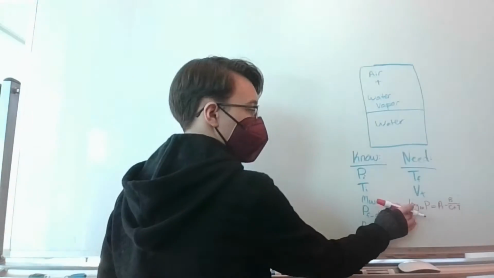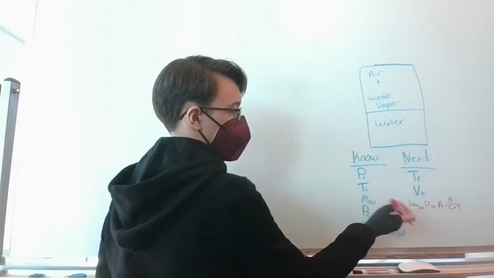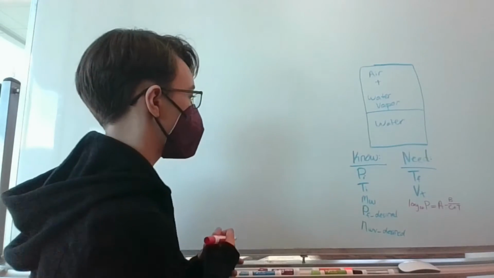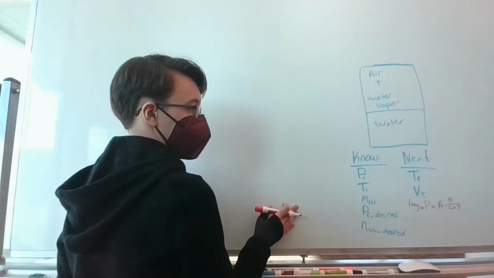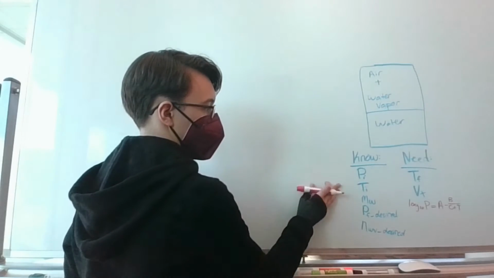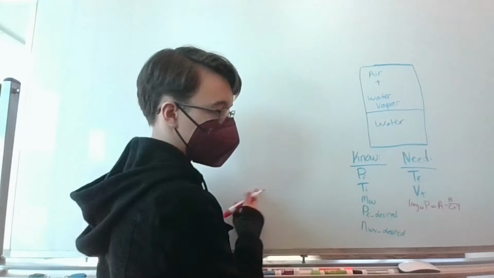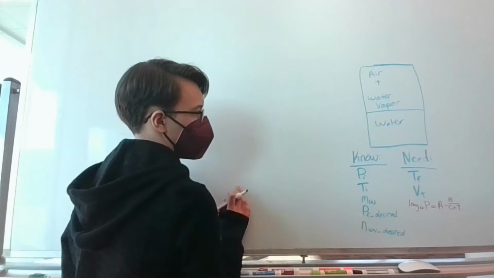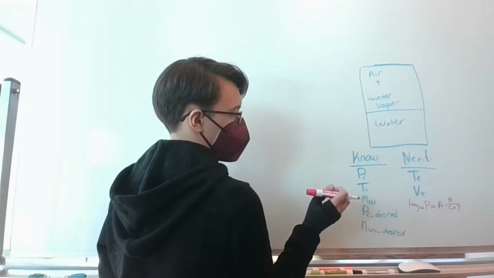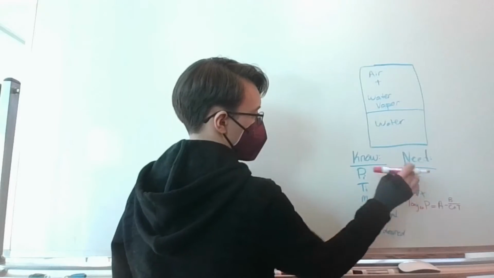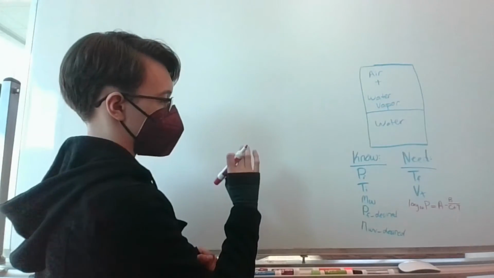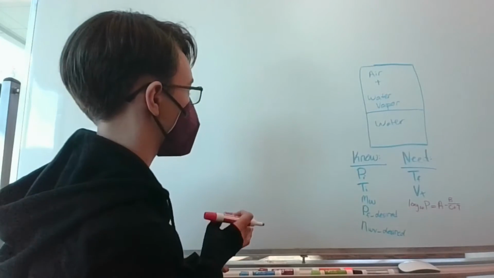It will output the log of the pressure, but then we can reverse that log and get the actual pressure. That means we are able to find the pressure of the water in the initial situation. We're also going to need the final temperature, so we'll be able to use this equation to relate the final temperature to the final pressure of the water as well.